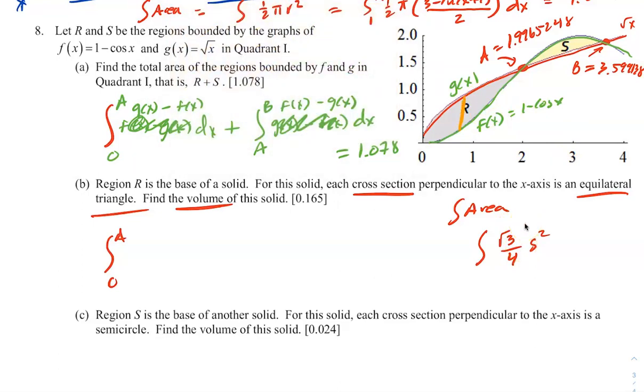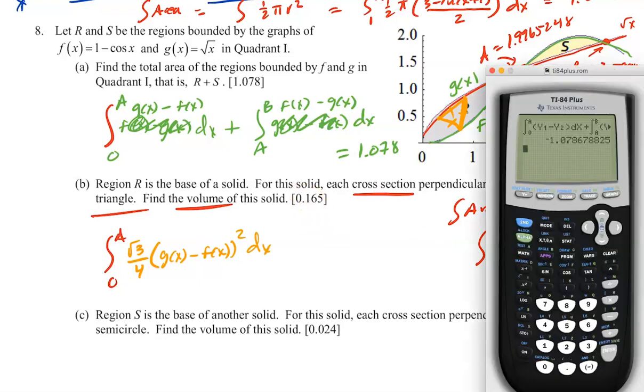We got to find our S, which is this guy. The little sliver of our equilateral triangle is what we're looking for. So my S here is G minus F, top minus bottom. So I'm going to plug square root of 3 over 4 times my S, which is G of x minus F of x, squared dx.